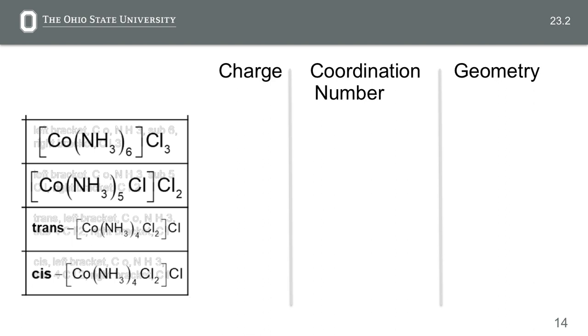So the charge on each one of these compounds, and you can verify each one, is +3. Each one of these is going to have 6 atoms bonded to the central metal, so a coordination number of 6, which gives an octahedral geometry. So, same for all.